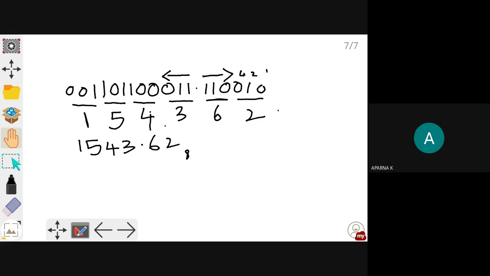From the right side of the binary point, group 3 bits: 110 is one group, 010 is another group, and on this side 011 is one group. Write the equivalent digits: 010 is 2, 110 is 6, 011 is 3, 100 is 4, 101 is 5, and 001 is 1. So this is the equivalent octal value.